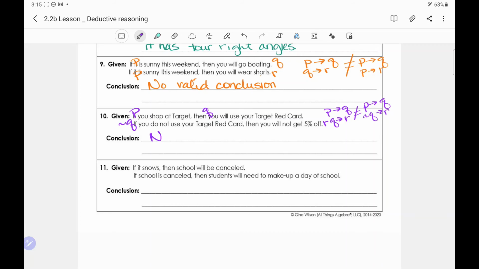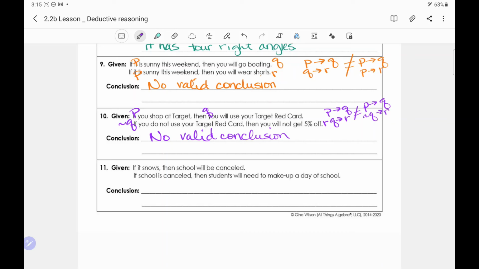So again, we have another situation where there is no valid conclusion. Is it possible that you will not get the 5% discount? Sure, it's possible, but we cannot make that conclusion. This is a really important skill to get into your mind because it becomes very handy as you go further into math, especially in calculus. We use a lot of theorems.